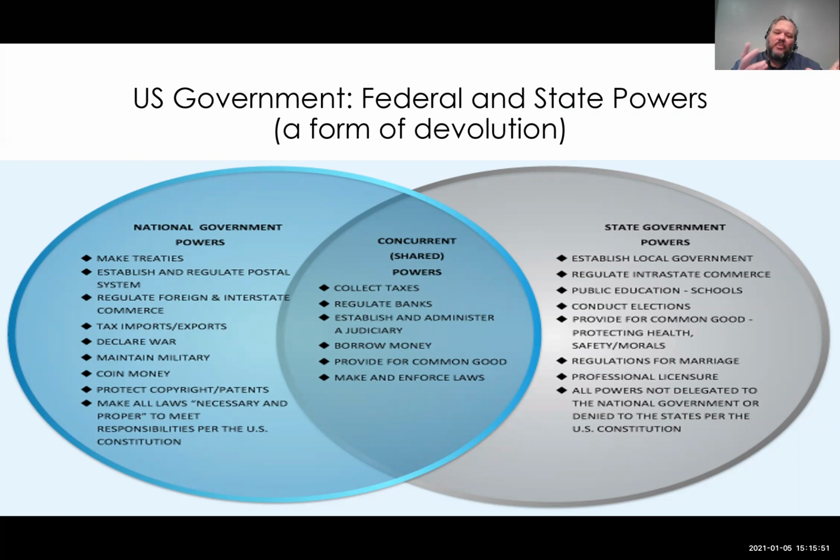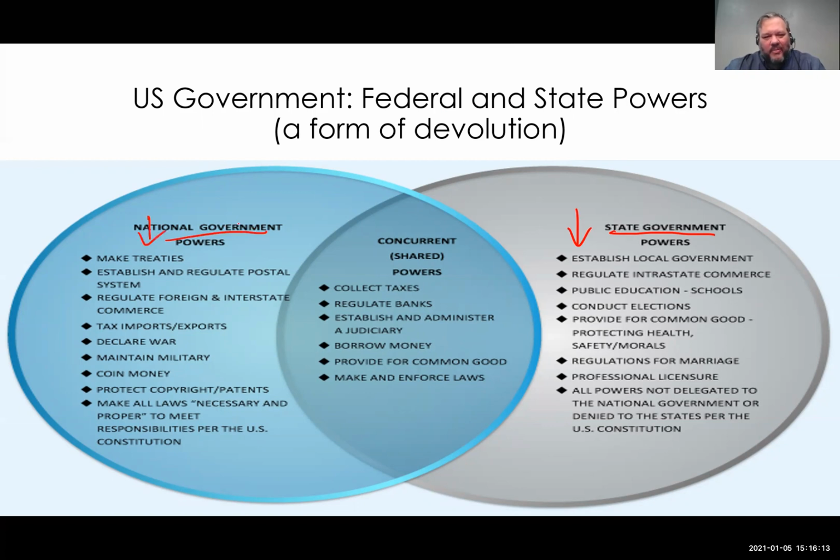We have a national government, the one in Washington, D.C., and they have the military, they make treaties, and they control the currency and all that kind of stuff. But we also have state governments, and state governments have their own power. This is a Venn diagram showing the different powers that different entities have. State governments have these powers, and the national government has these powers.